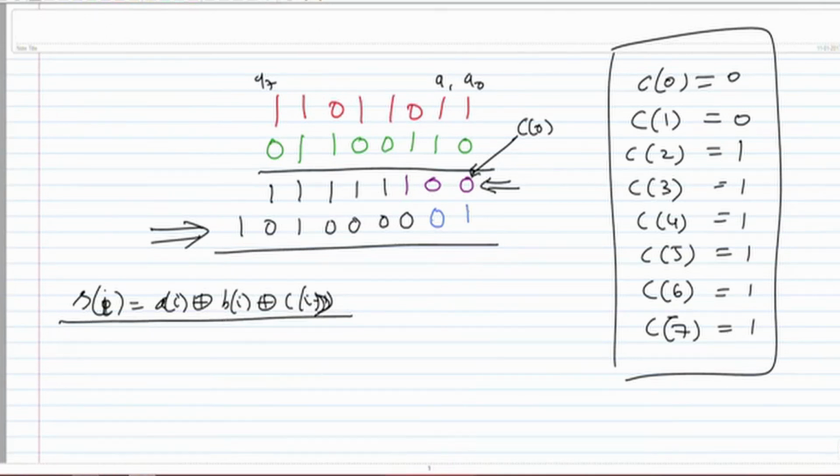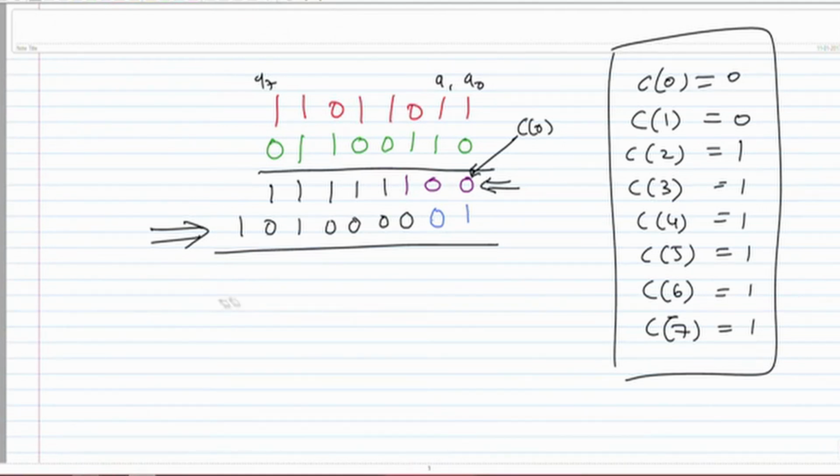So, what happens here is, first we calculate the status of the carries, which is called the x vector, okay.